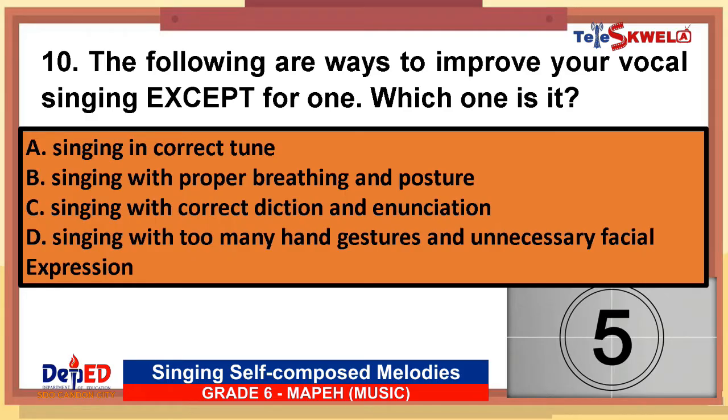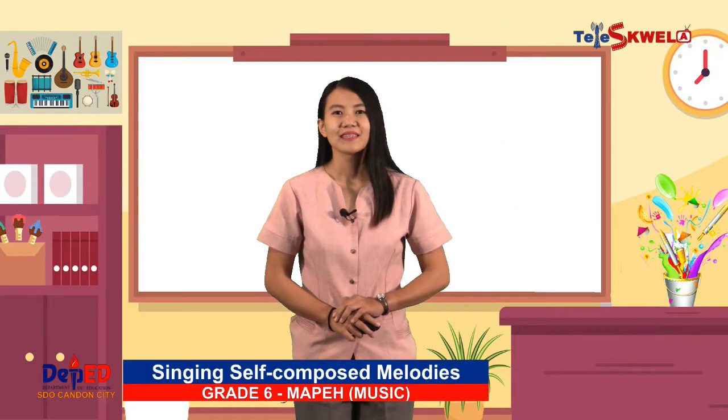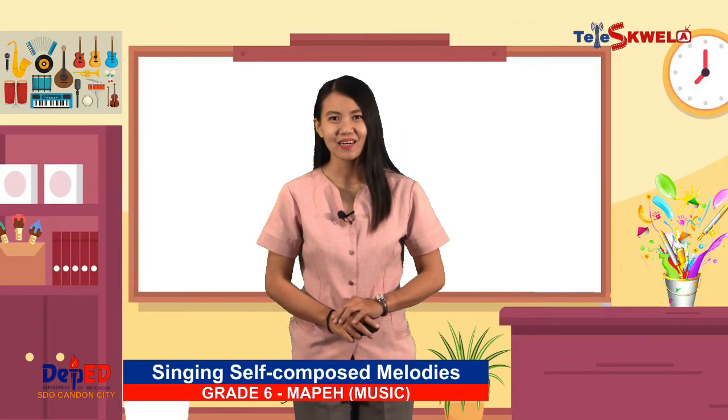And letter D, singing with too many hand gestures and unnecessary facial expression. Timer starts now. And the answer is letter D, singing with too many hand gestures and unnecessary facial expression. Did you get them all, kids?